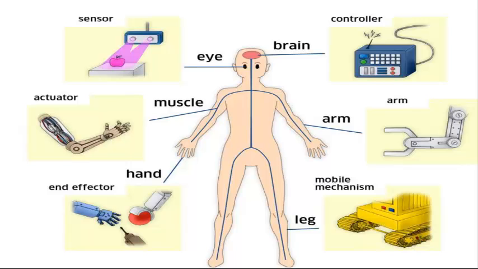And we got muscles, which relate to actuators that perform an action based on the processing from the controller. On the other side, we got the arm. Like the arm, we see the robotic arm that works the same way, following instructions provided by the controller.